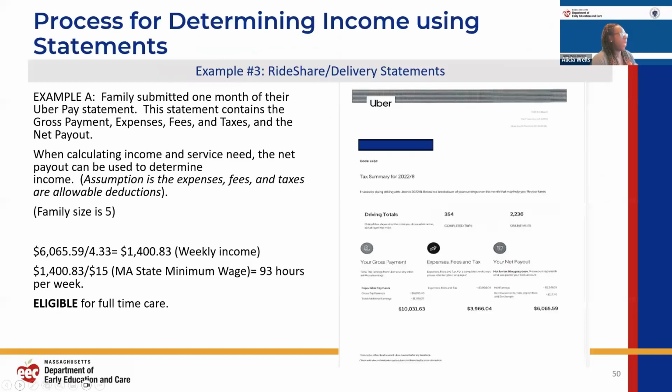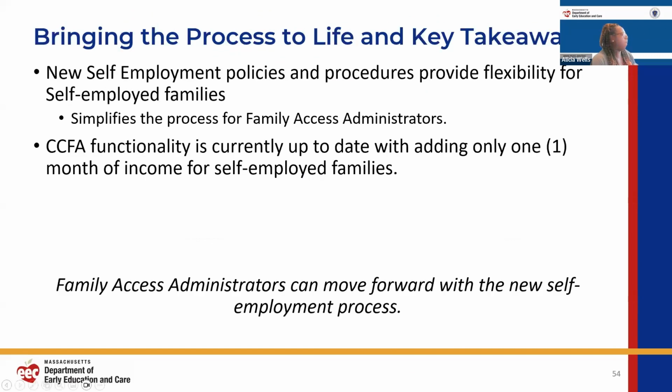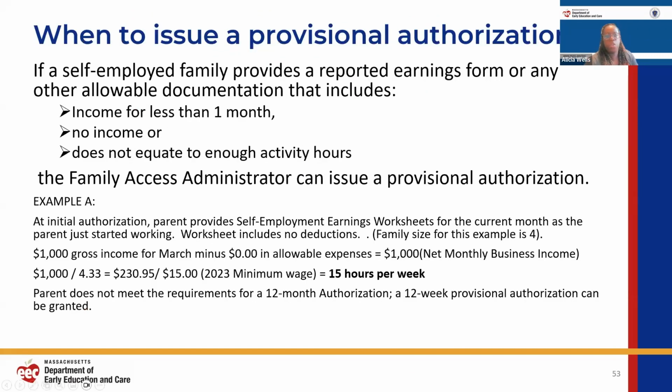All right, so I'm going to slide back to, here we are, issuing a provisional. If a self-employed family provides a reporting earnings form or any other allowable documentation that includes income for less than 1 month, no income, or does not equate to enough activity hours, the Family Access Administrator can issue a provisional authorization.